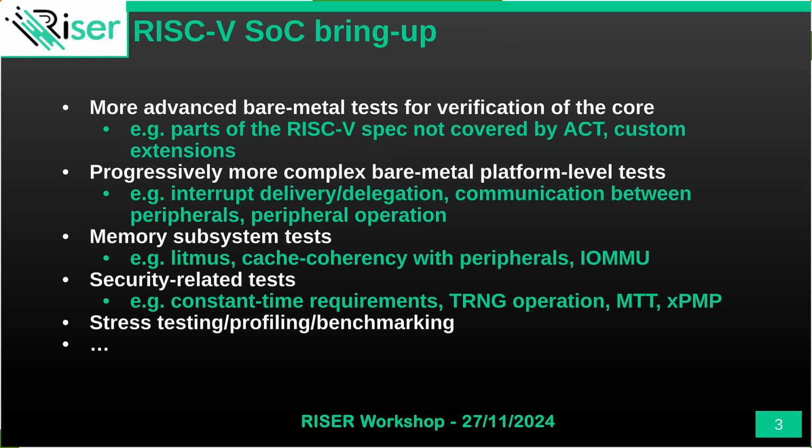You get memory subsystem tests like cache coherency, which is a big thing, quite hard to test in any other setting. Then there are security related tests, such as validation for the random number generator, or making sure that your memory protection mechanisms are working properly. You need to do transactions, stuff that you cannot easily do on a per-IP case, like when the previous set of tests work.